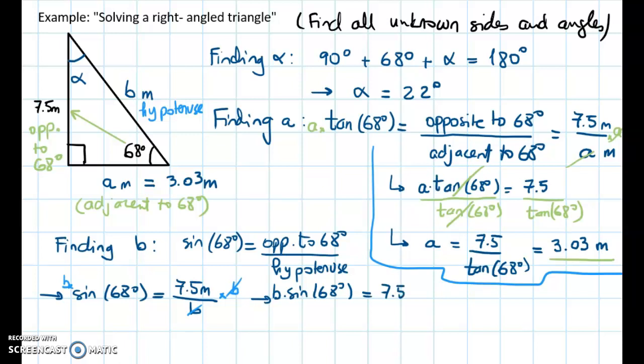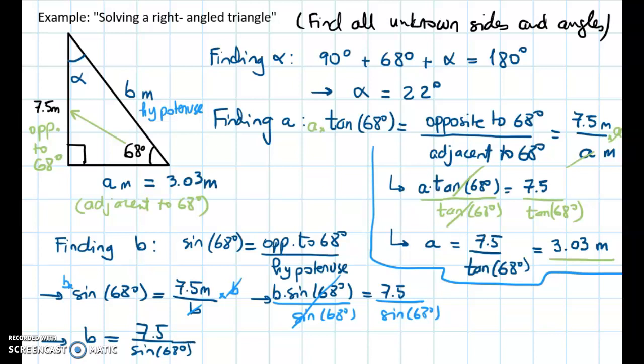But I want to find B, so I'm going to divide both sides by the sine of 68 degrees. So it cancels on the left-hand side, since we are multiplying and dividing by the sine of 68 degrees.